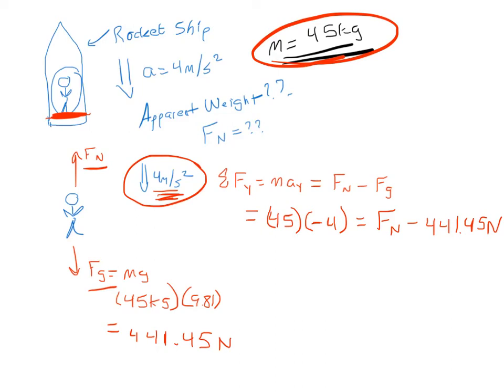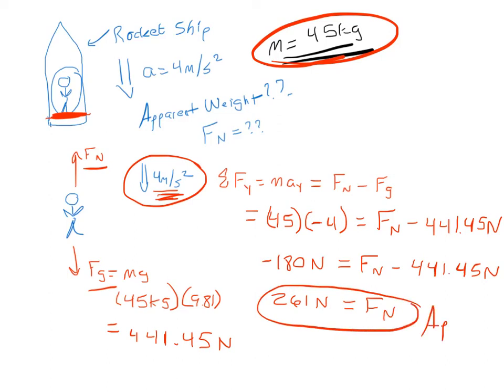So 45 times negative 4 is negative 180 newtons, equal to Fn minus 441.45. We add 441.45 to both sides, so we get 261 newtons is equal to the normal force.